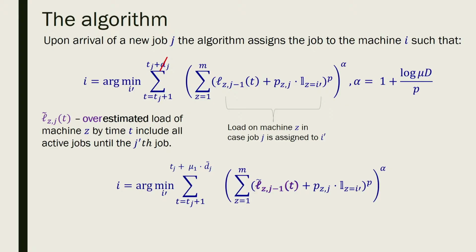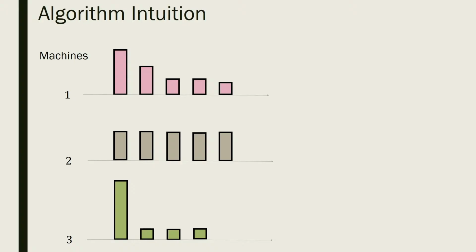Instead of thinking that the estimate is correct, I'm taking into account what will be the longest possible duration. And once I plug it in, I succeed in reducing the competitive ratio from quadratic to linear, and get the required result. I know that this slide is a bit far-fetched, but you can look at the paper.